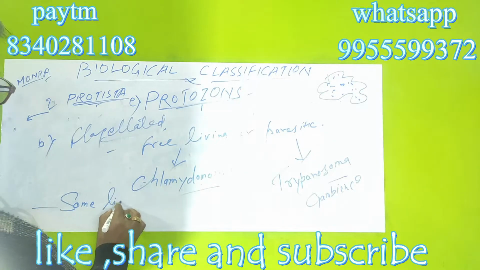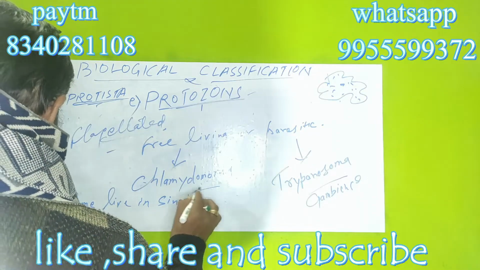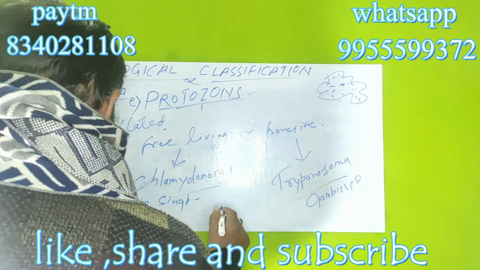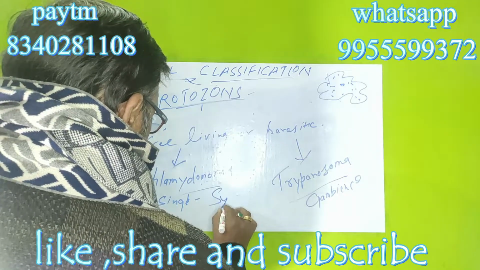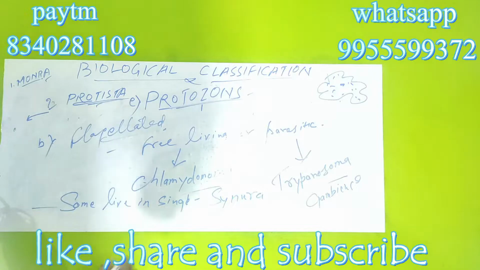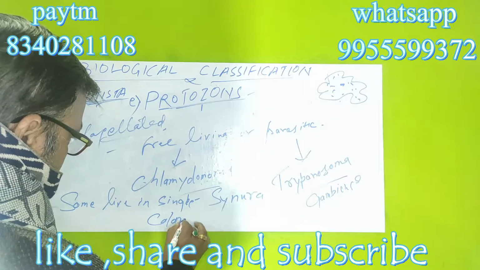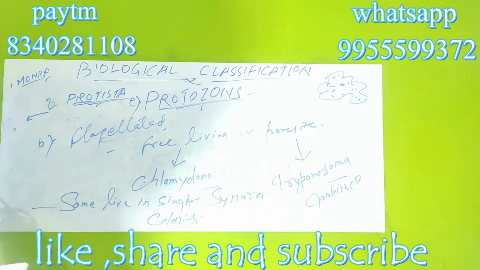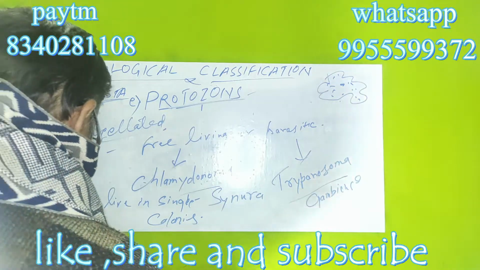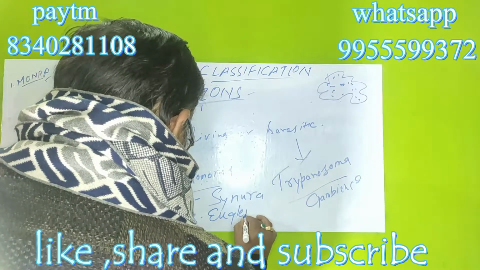Some live singly, that we call Cyanura, which lives single, and which lives in colonies, means in a group, are called Euglena.